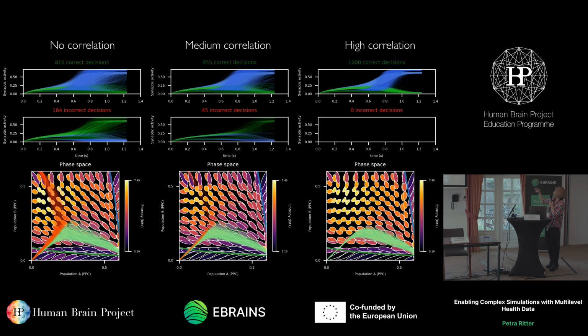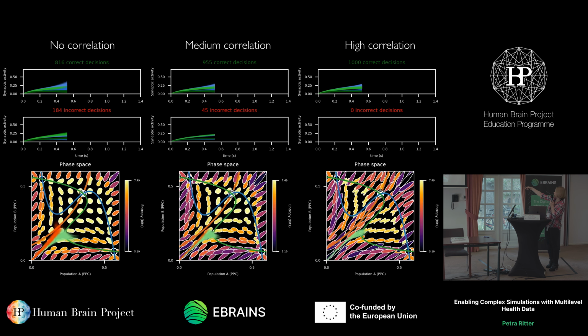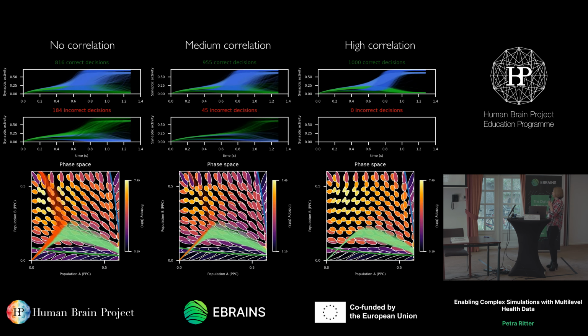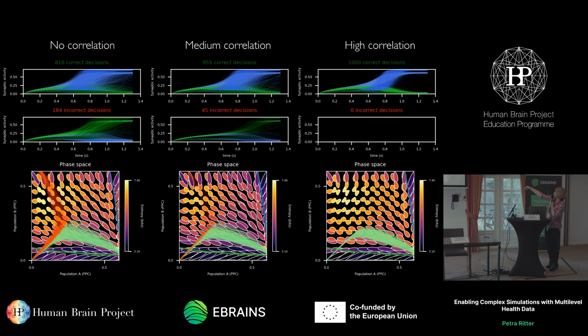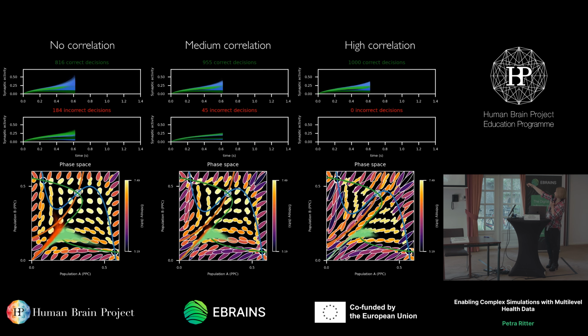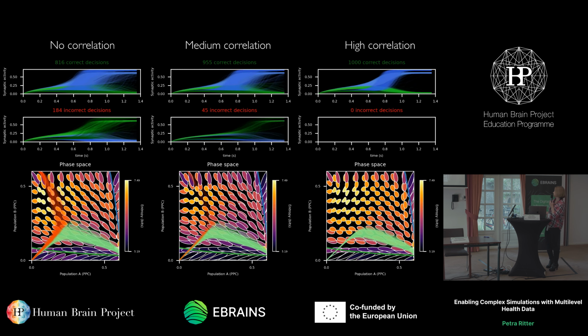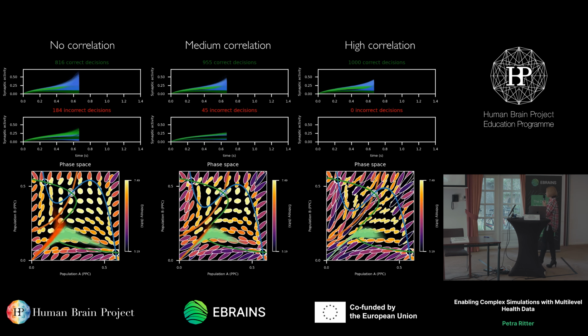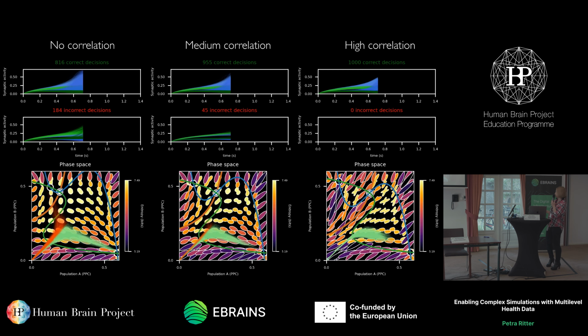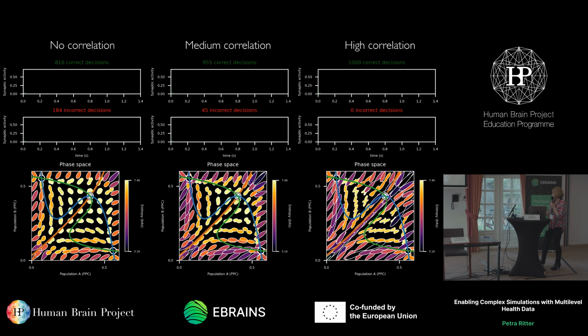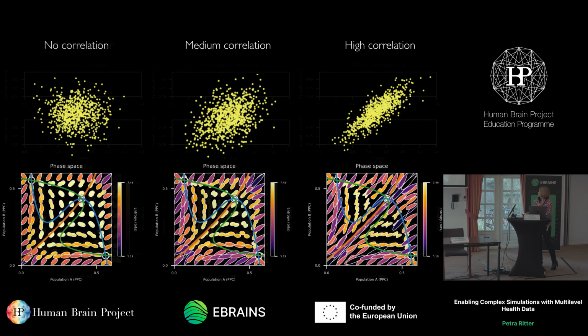And we can see that for the high degree of correlation in the system that is linked to higher functional connectivity, the system takes more time to come to a decision, to end up in an attractor state. And this gives more time to accumulate evidence, and the decision performance is better.